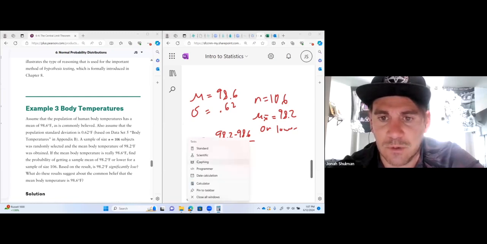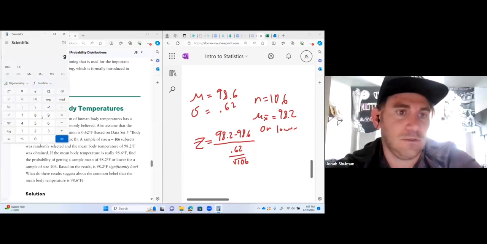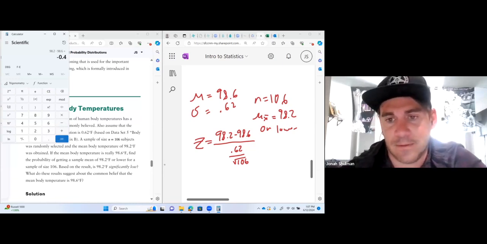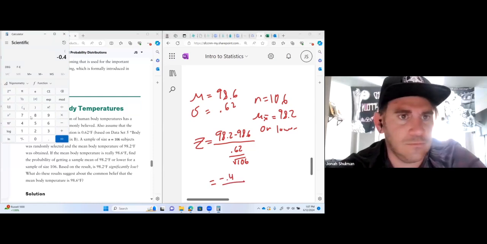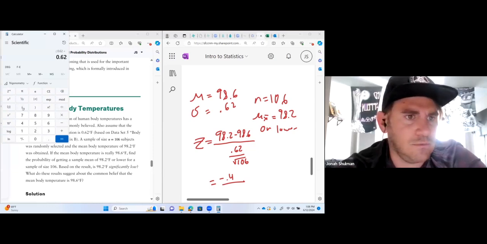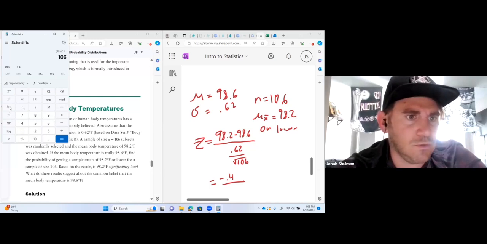So here's the first part. The first part is 98.2 minus 98.6. We should get a negative 0.4. The bottom is 0.62 divided by the square root of 106.